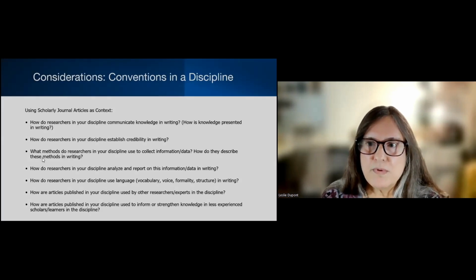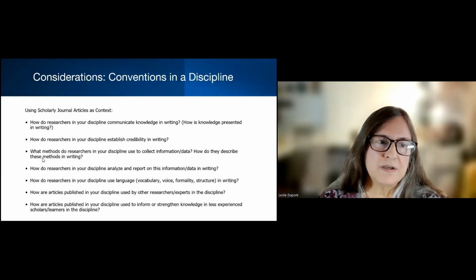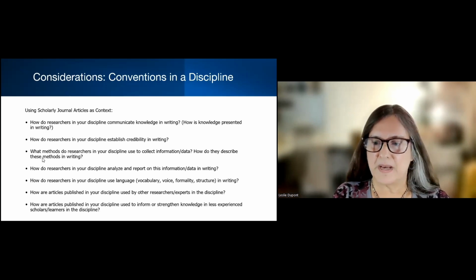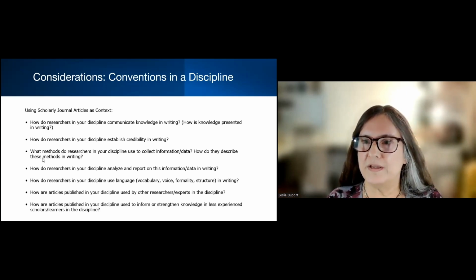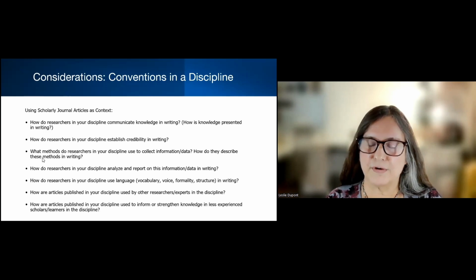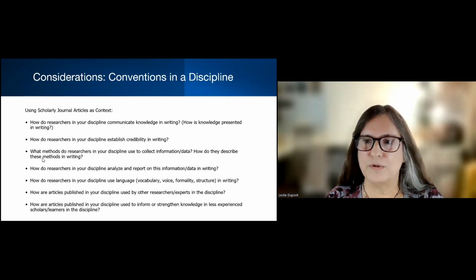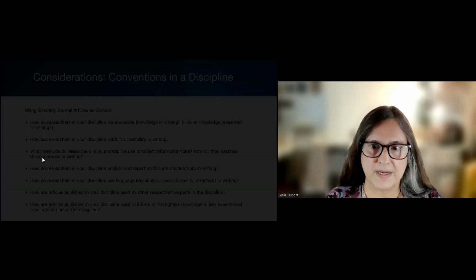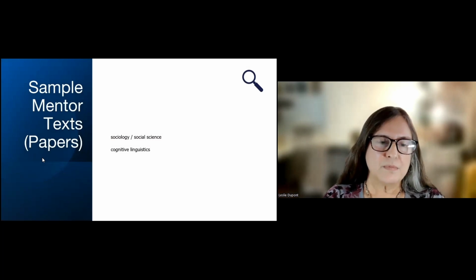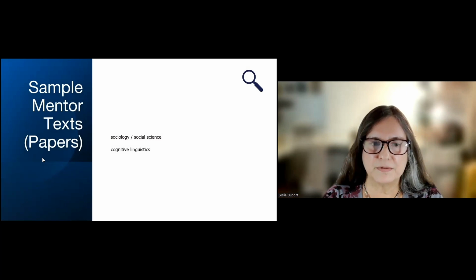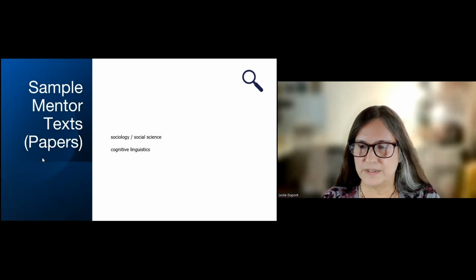So we'll start with using conventions in a discipline to give us context. I want you thinking about these questions as we move into our first samples, so keep them in mind, and you can have your handout at the ready. We're going to look at a paper from sociology, social sciences, and cognitive linguistics.